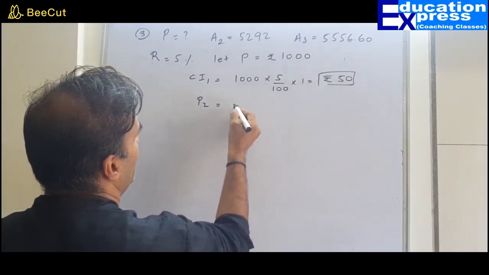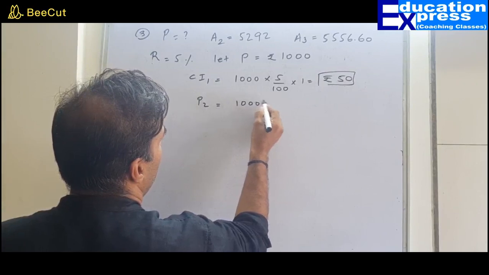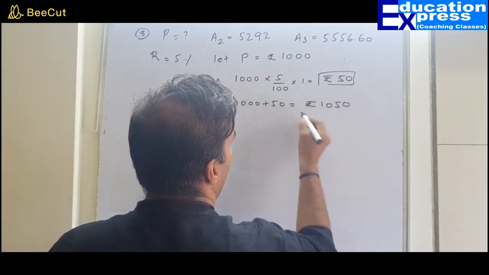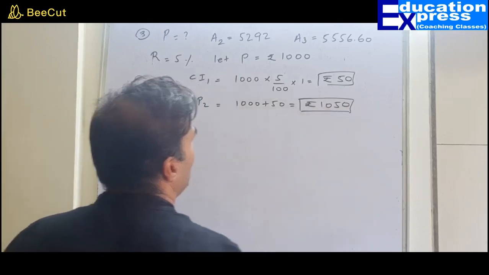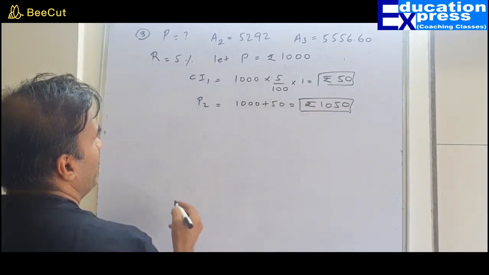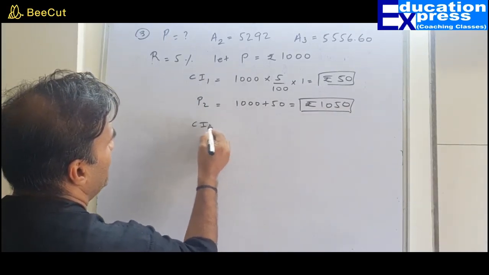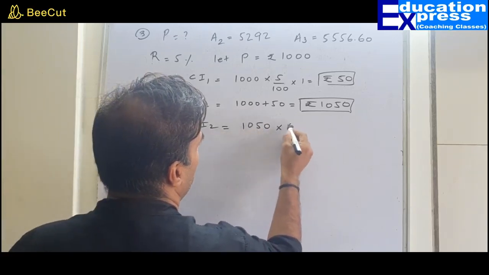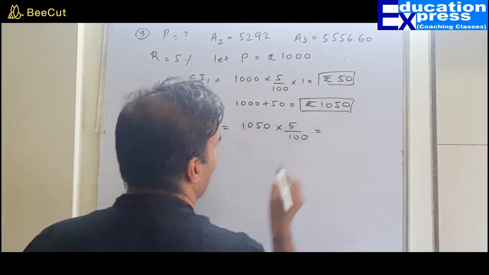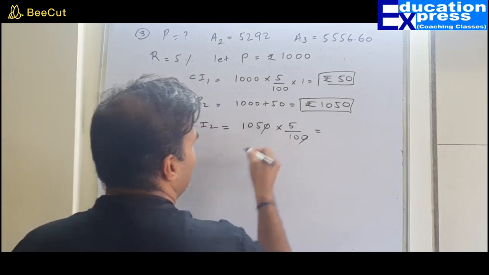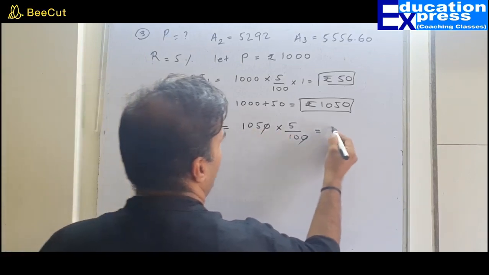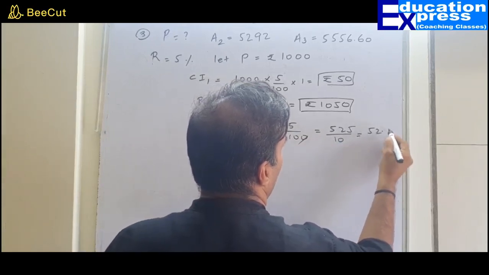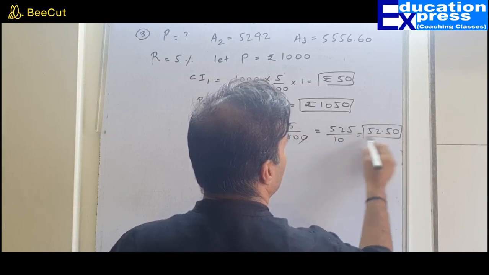Sir, P2 would be 1000 plus 50, that is 1050. Absolutely right. After that, sir, compound interest for second year would be 1050 into 5 upon 100. 0 cancel 0. 525 upon 10. That gives you 52 rupees and 50 paise.